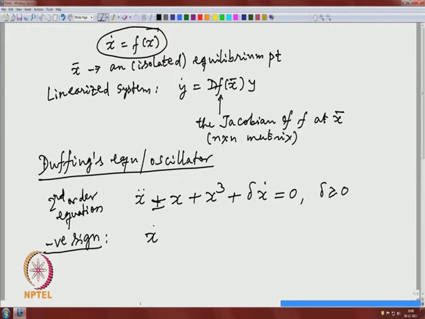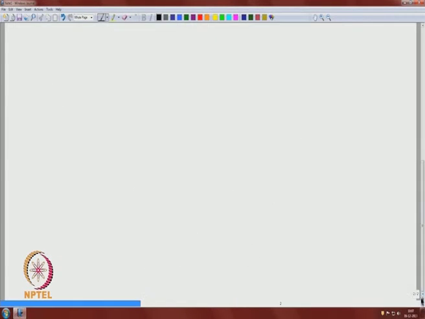So, this is x dot equal to y and y dot equal to, if I take the negative sign, x minus x cube minus delta y. So, the equilibrium points.